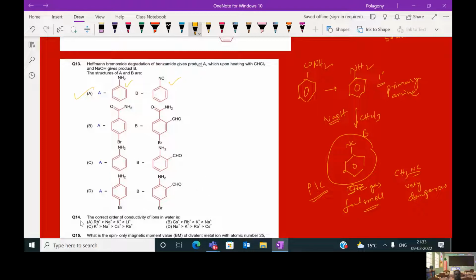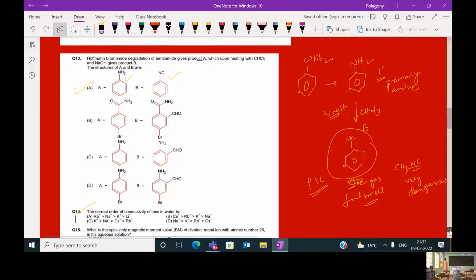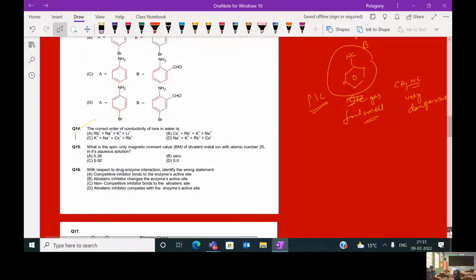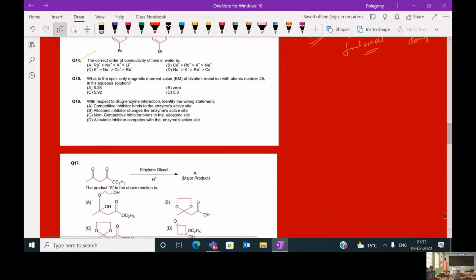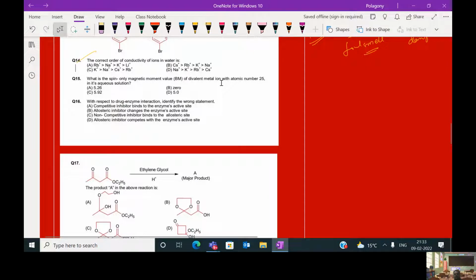Now question number 14. We'll discuss question number 14 from this paper. The question is on the correct order of conductivity of ions in water. The conductivity of ions, so based on what reasons?